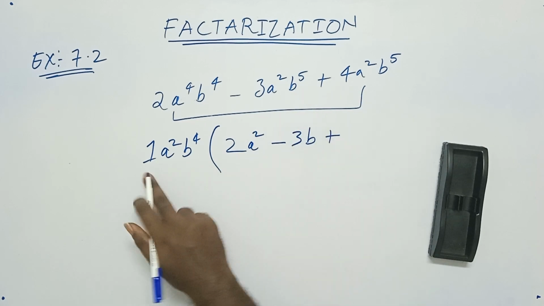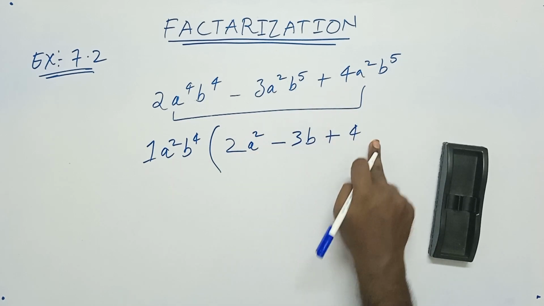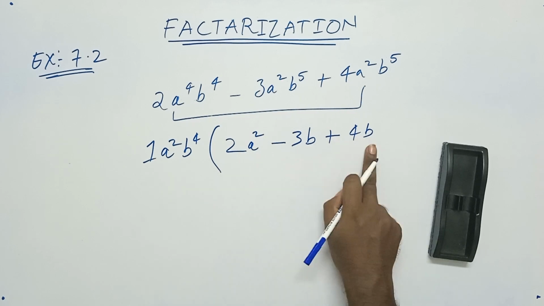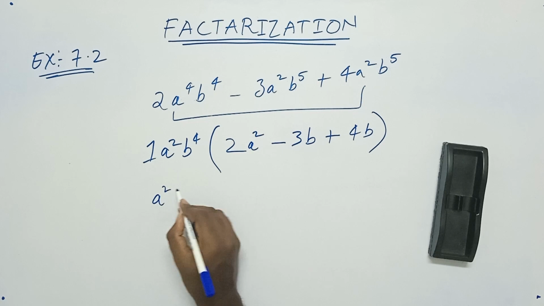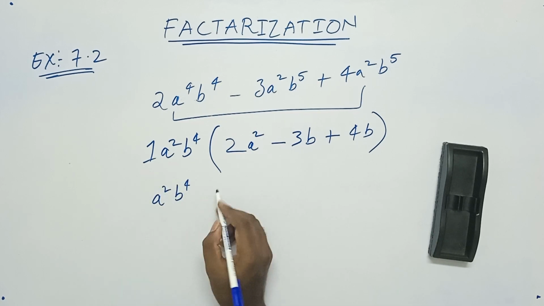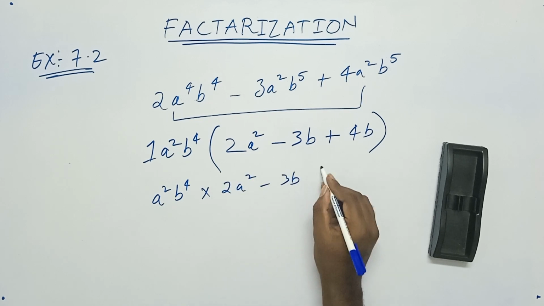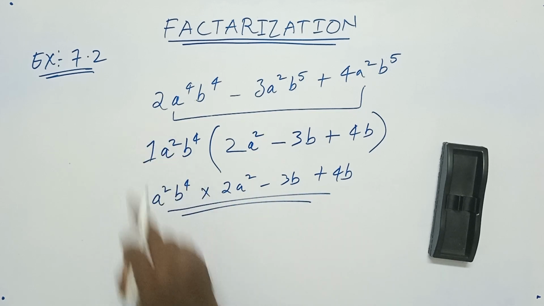So plus sign. 1 into 4 is 4. a square into 1 is a square. b power 4 times b is b power 5. Now we have the product of two factors, which is a square b power 4 into 2a square minus 3b plus 4b. These are the product of two factors of the given expression.